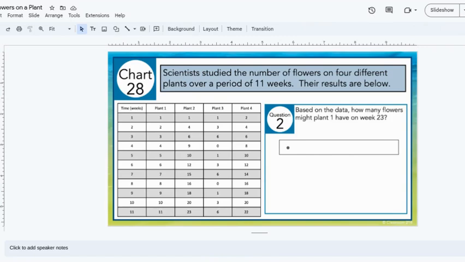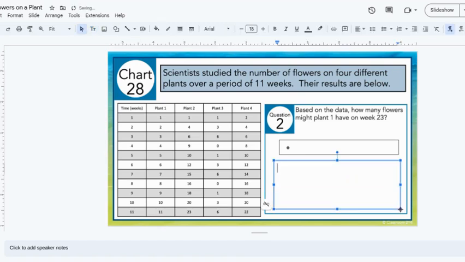Question 2. Based on the data, how many flowers might plant 1 have on week 23? Part of science is looking for patterns. What are we noticing? Well, we're going to identify our pattern. Whatever the week is, that's how many flowers that plant has.